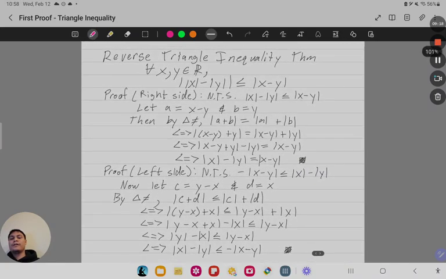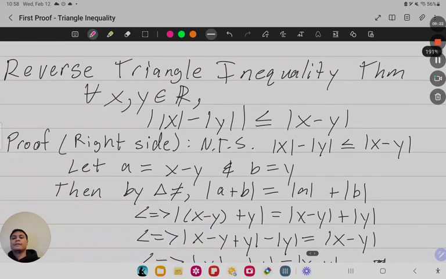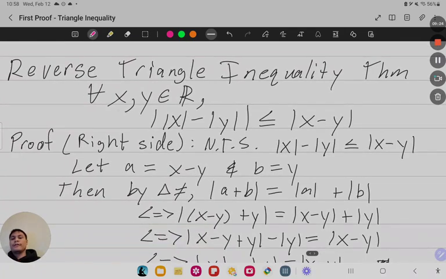So now let's talk about another weird corollary. It's called the reverse triangle inequality theorem, which basically says that for any two numbers x and y, the absolute value of x minus the absolute value of y is less than or equal to the absolute value of x minus y.